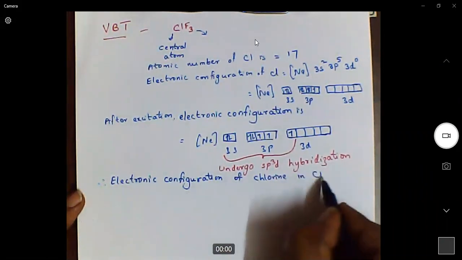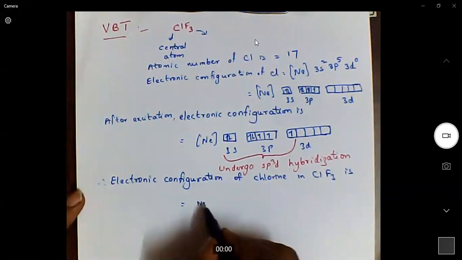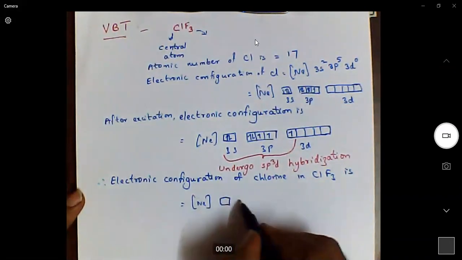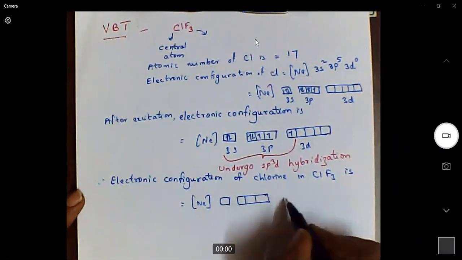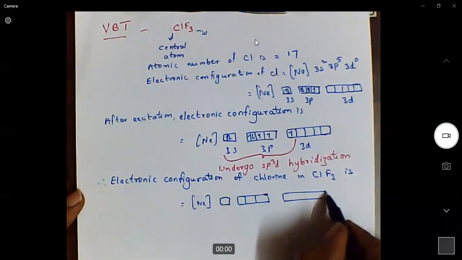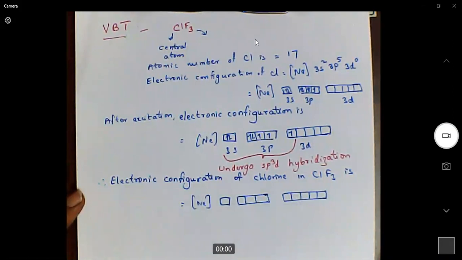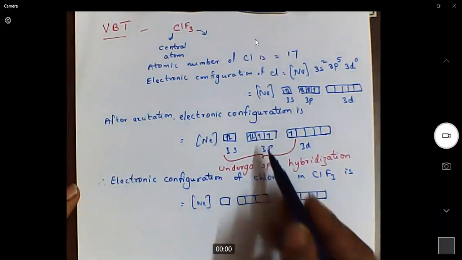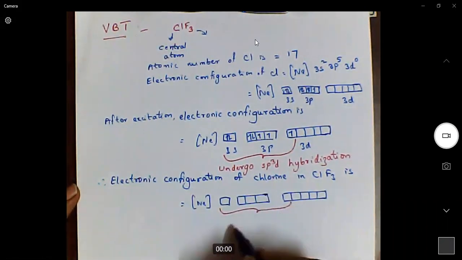Therefore, the electronic configuration of chlorine in ClF3 is neon, of course. I have written the orbitals the same as in the previous case, but we will name them as sp3d orbitals.